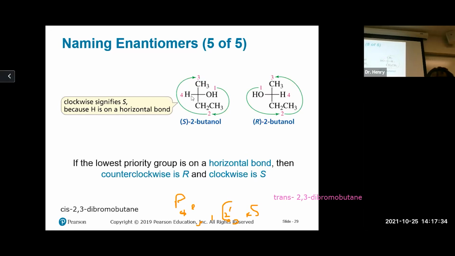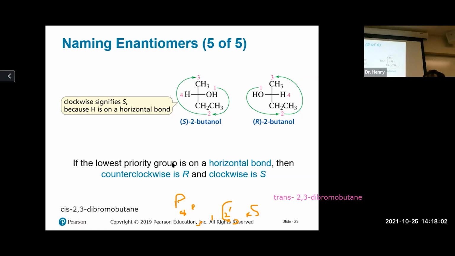So this is what we have right here, right? Because we have the H on one of the sides, we have 1, 2, then 3. So this guy would be considered S, right? Because this guy is R. You're 1, 2, 3. Where are you going over here? That's because it's on the horizontal.